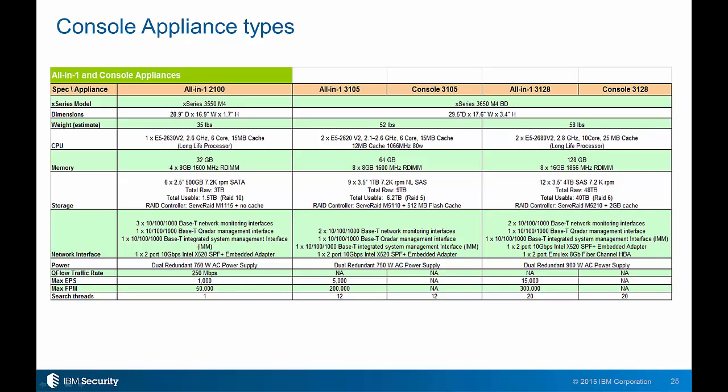It has one management interface and two network interfaces, as well as an IMM interface for remote management. It also supports fiber channels. It can handle up to 50,000 EPS and 300,000 flows per minute.